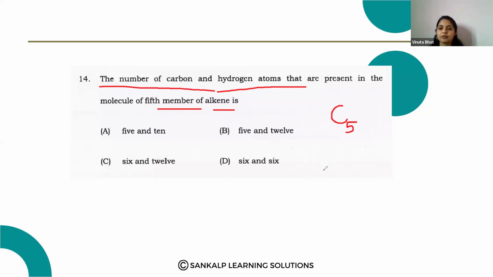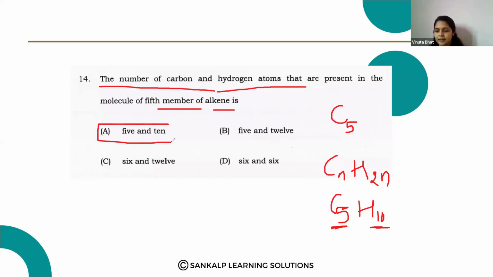So what is the general formula? CnH2n for alkenes. So C5H2 into 5, that is H10. So 5 carbon atoms and 10 hydrogen atoms. Option A is the correct answer, that is 5 and 10.